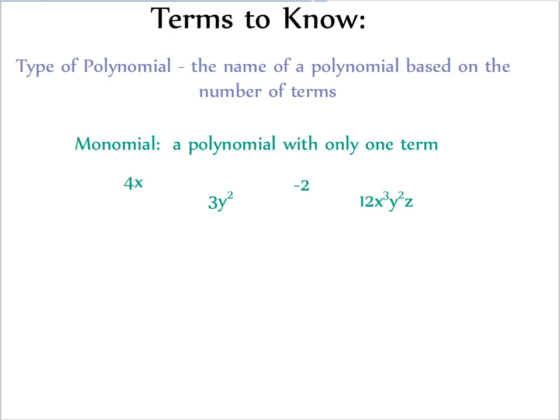So examples of monomials: 4x, 3y squared, negative 2, and even 12x to the 3rd, y squared, z. Those are all monomials. They can stand alone or be multiplied to different variables, but notice there is no addition or subtraction inside these terms.